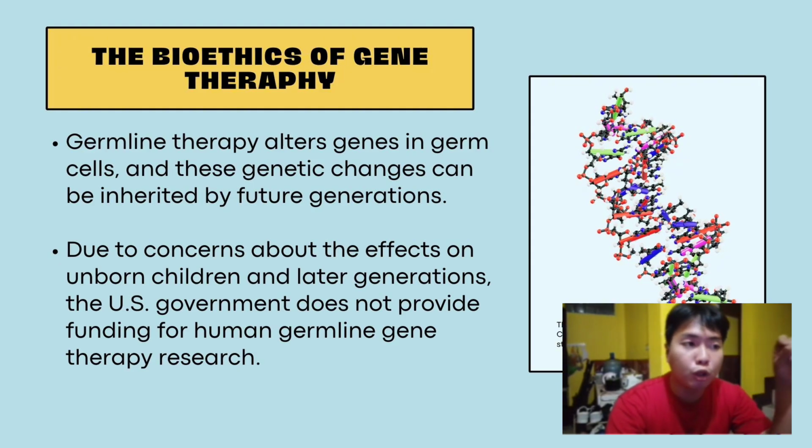Kumbaga tuloy-tuloy na din to nga mao na din to ang bag-o nga seed nga edited. So same as germline therapy works, it changes the seed of humans, or egg or sperm cells. So the change is not just for one person but also for their future children.